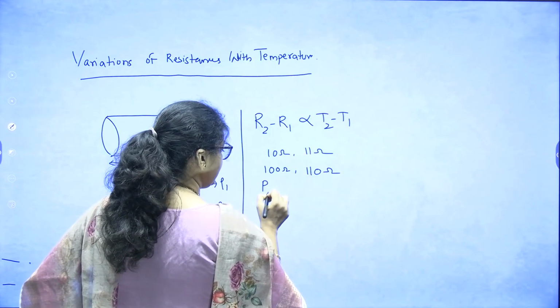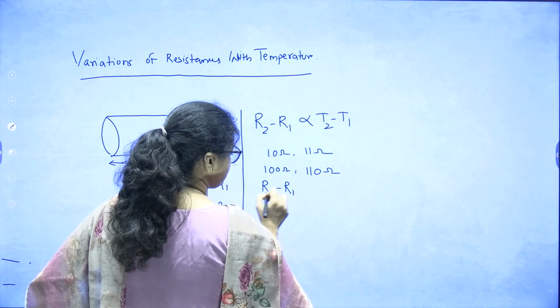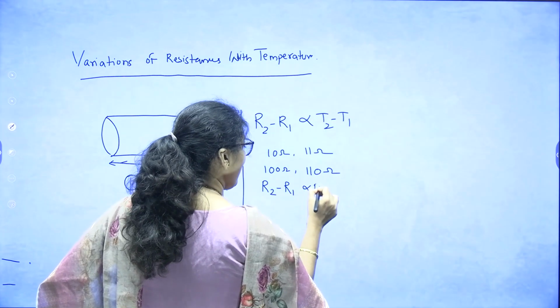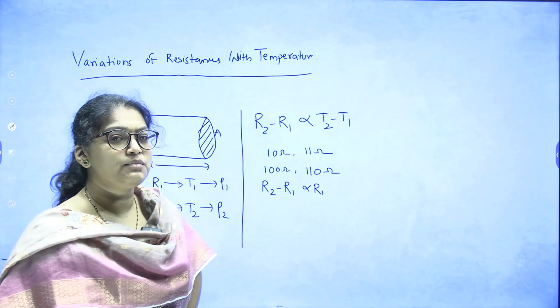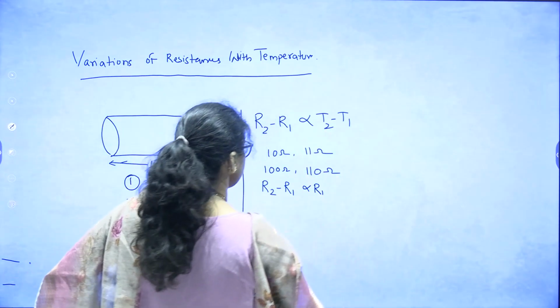So this we can write as a mathematical expression: R2 minus R1 is directly proportional to R1. So now what we do, we combine these equations.